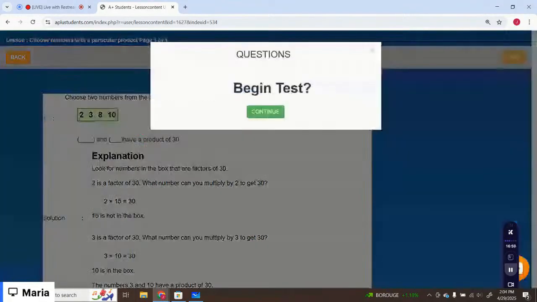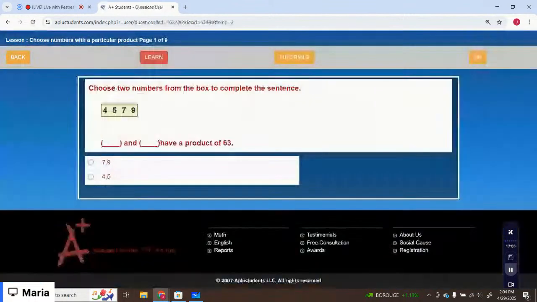Okay, let's just start with the test questions. Choose two numbers from the box to complete the sentence. Which two numbers have the product 63? So, which is the correct option?